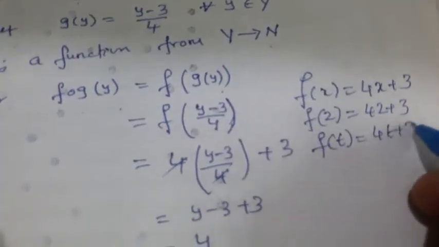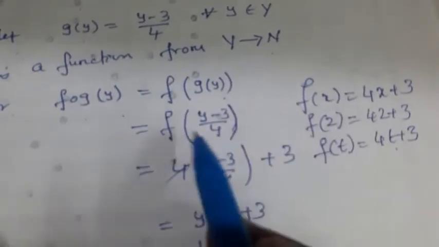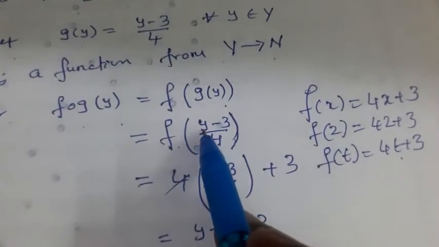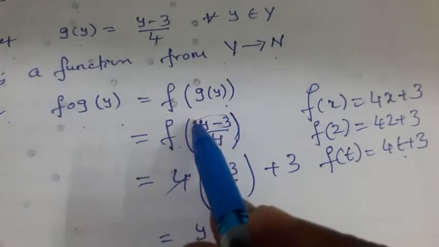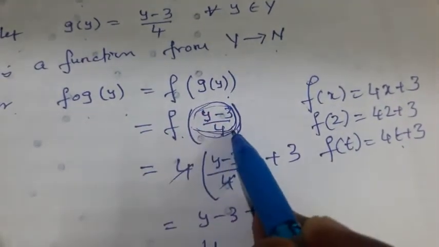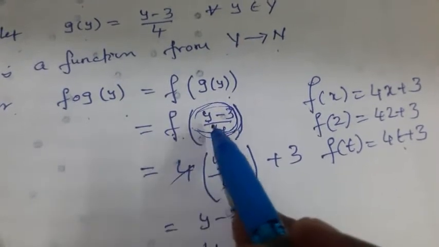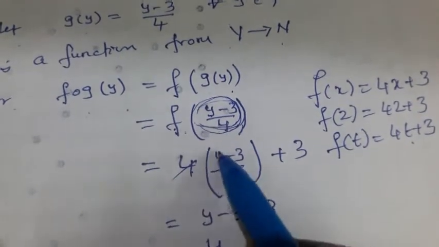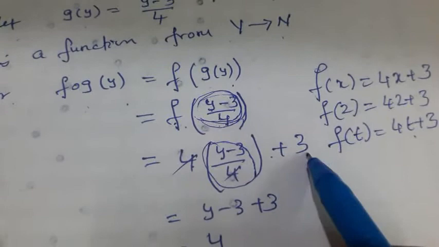Now you have to find f of (y minus 3) by 4, and this whole thing you have to take as z or t like that, and f of t is equal to 4t plus 3.